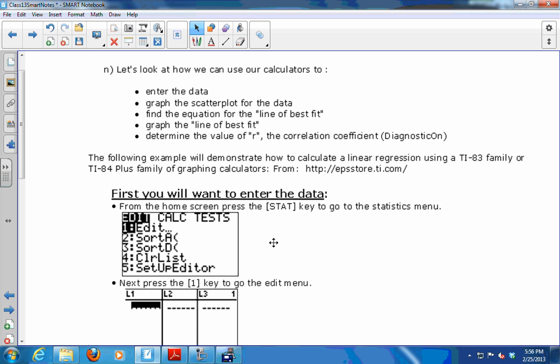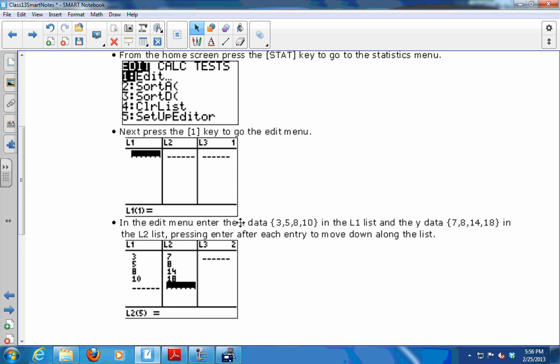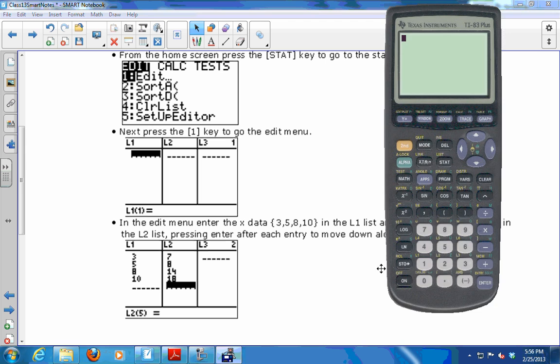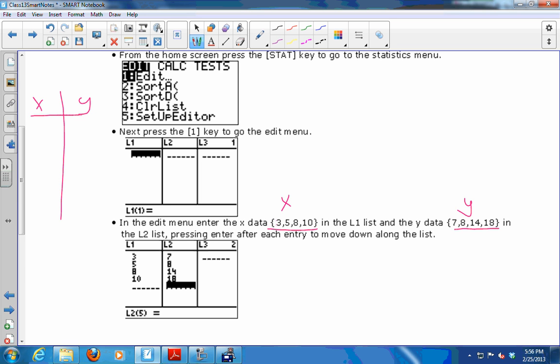Okay, so we are going to use a fake little data set that's right here, X and Y. If I were to write it out, my data set looks like this.